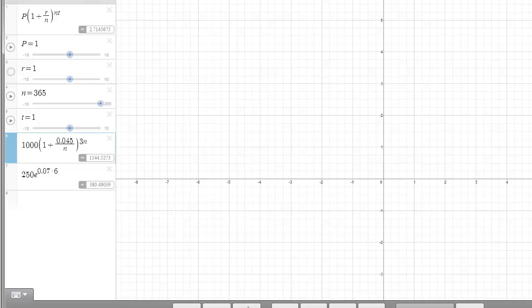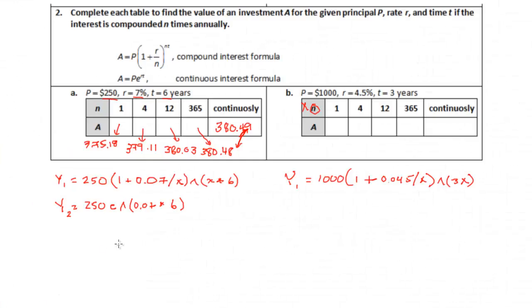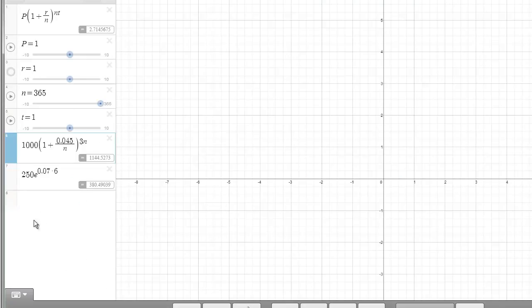Make sure you round to the nearest penny. These are dollars. We'll change our n, or x in the case of a graphing calculator, to 4 now for quarterly.